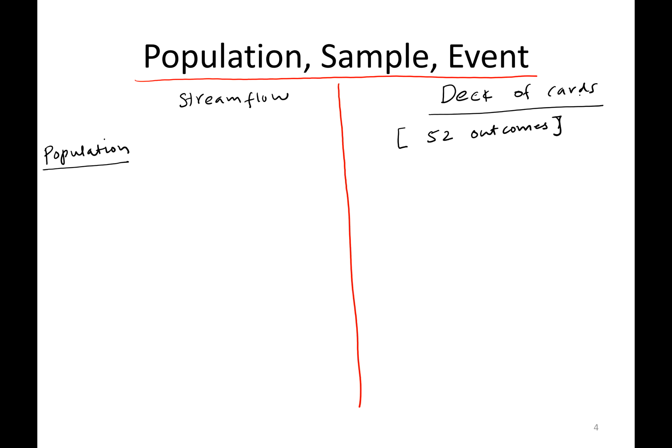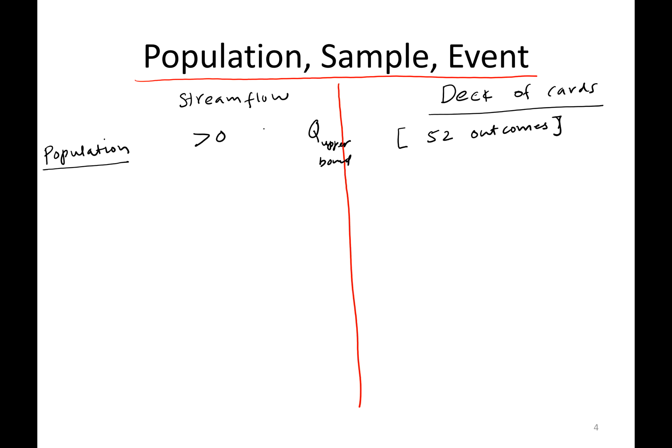But for stream flow, if you think about it, we know that it is greater than 0, and there may be some upper bound which we don't know to that stream flow, some Q upper bound, and then anything in between this is possible, right?